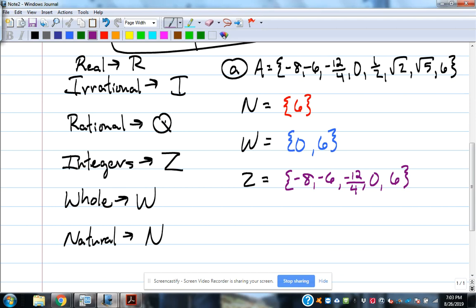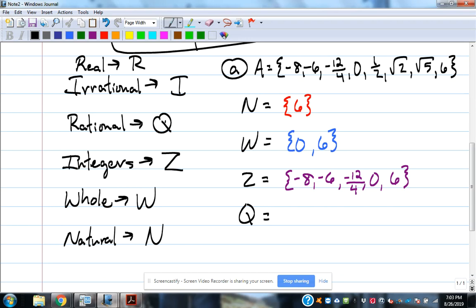Okay. Now I'll go to the rational numbers. Q. Yes, that's right. Because rational numbers, remember, it's the bigger bucket, and if you're an integer, you're inside the rational number too. So you get both of them out of that. Okay. So what else?